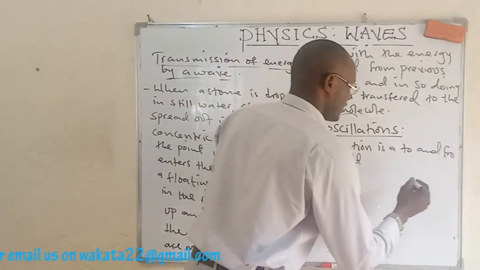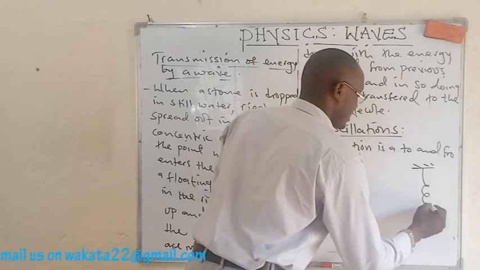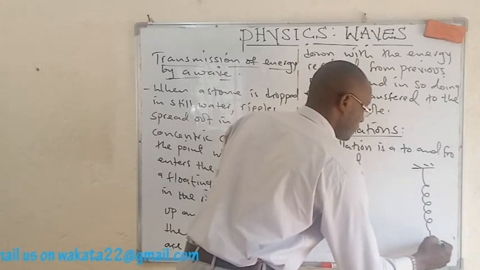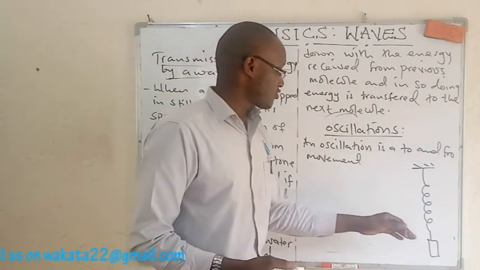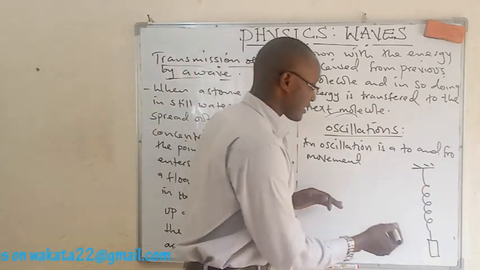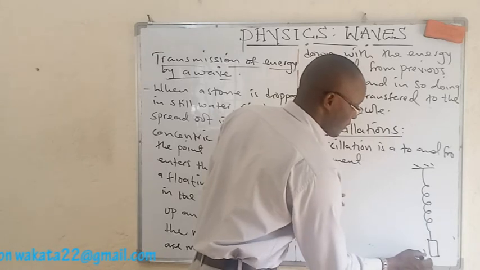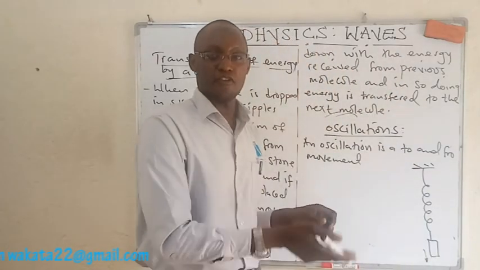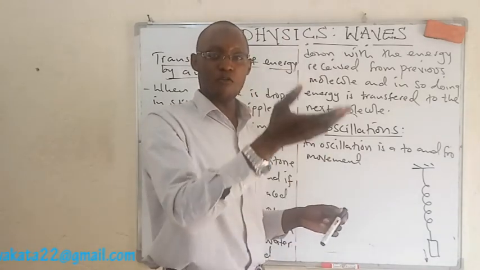Take a look at a spring which is clamped, assuming you have a spring. On this spring we attach a mass, in an experiment which was done by Robert Hooke. If we attach a mass and displace it, pull it a little bit down and leave it to move freely, it is going to oscillate, a to and fro movement.